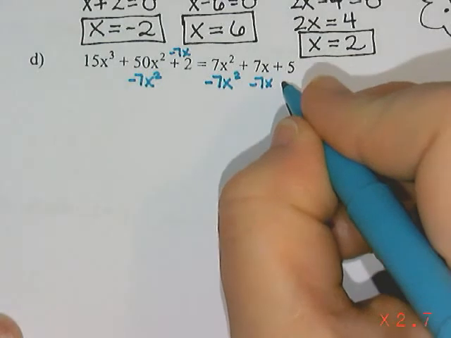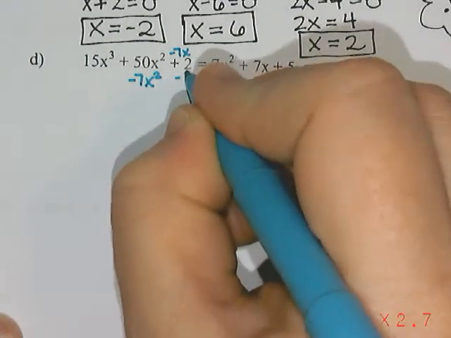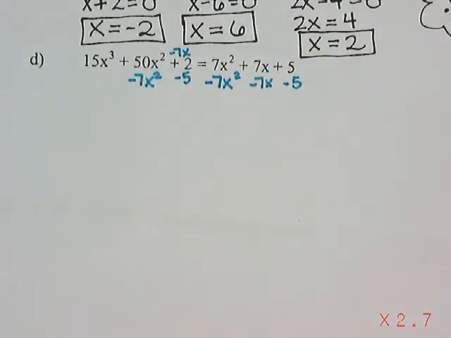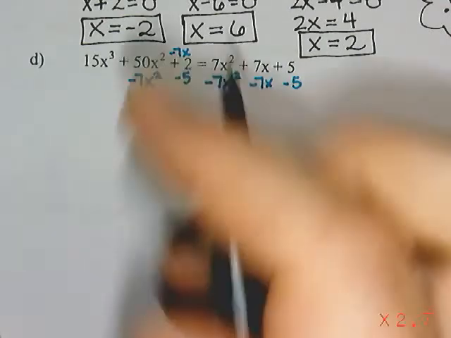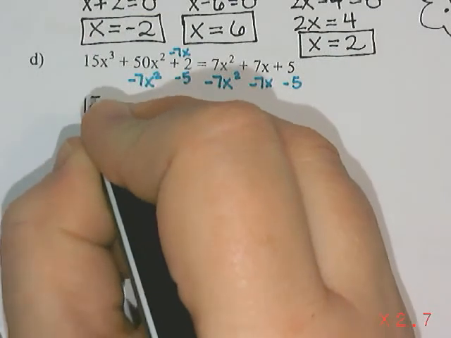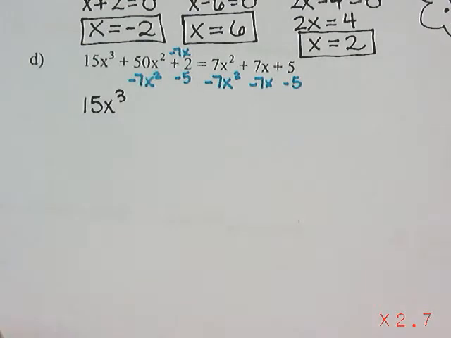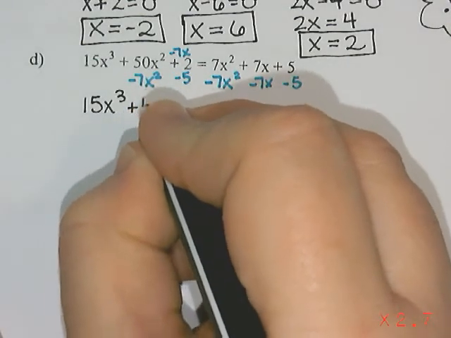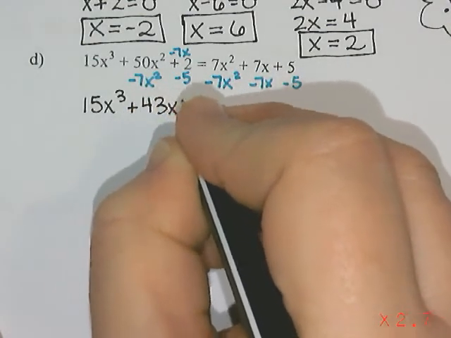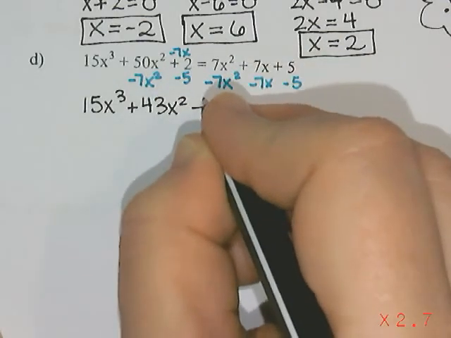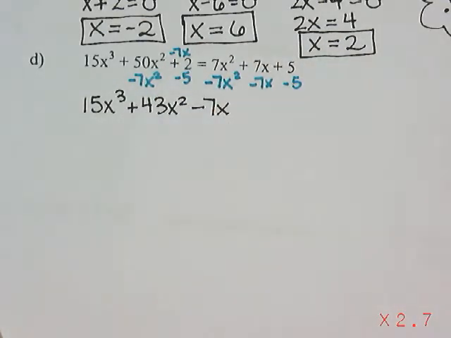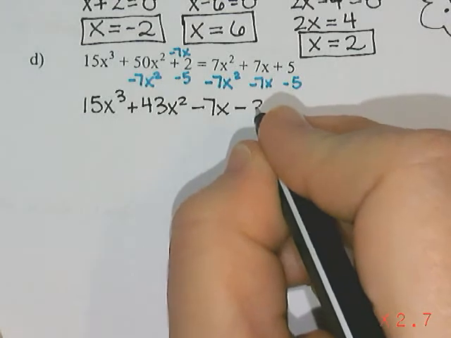And then I'm going to subtract 5 from both sides to move that over. I did try to put them next to the like term that they match up with. So I'm going to have 15x cubed, 50 take away 7 is 43x squared, and then minus 7x. And then 2 take away 5 is minus 3.